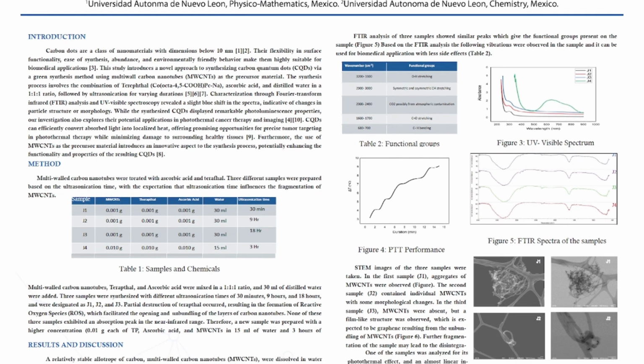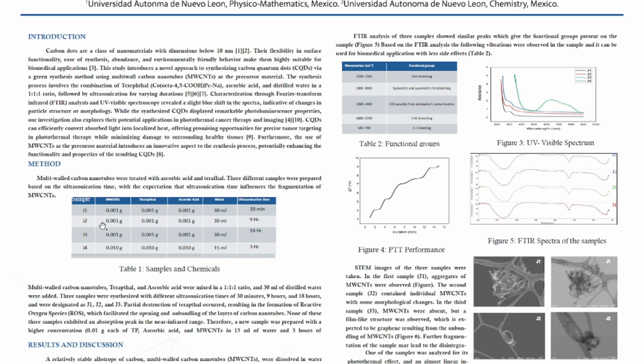We employed multi-walled carbon nanotubes, terephthal and ascorbic acid in the ratio 1 to 1 to 1. Terephthal is a thiocyanine dye which is soluble in water, and it is used to solubilize multi-walled carbon nanotubes in water.